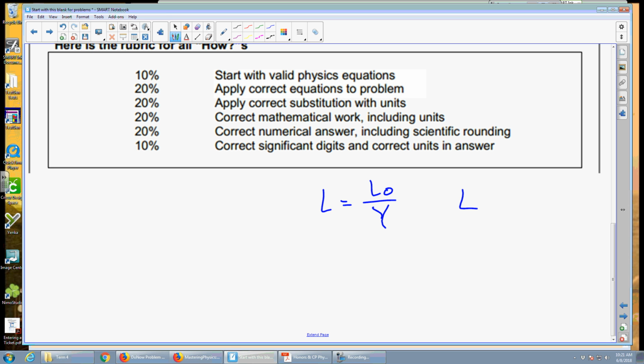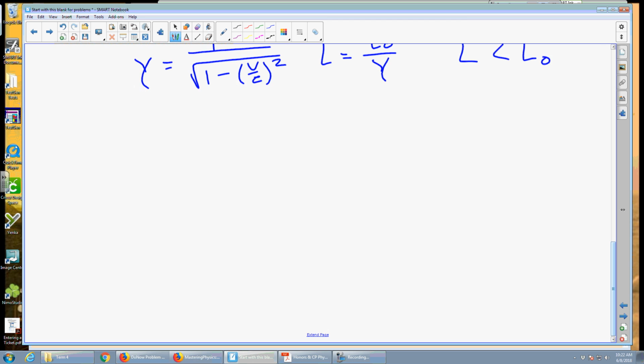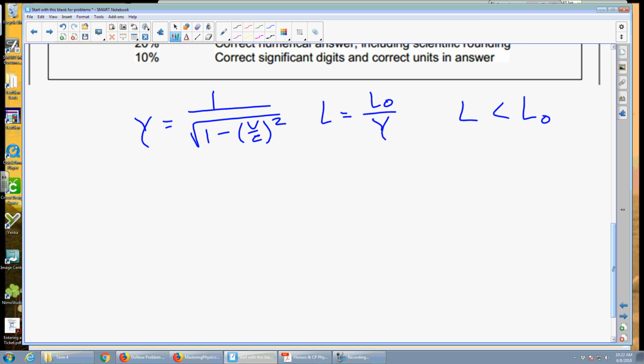We know that L is always less than L naught, and we're looking for its contracted length, so we're looking for L. They tell us L naught in my case was 1.89 meters.